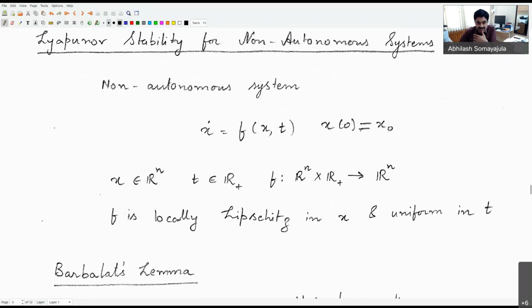The idea here is that when we look at these non-autonomous systems, we also have to deal with this explicit dependence on time. So we have to look at a uniform convergence rather than a point-wise convergence in a mathematical sense, which means that the convergence must happen at all times at once.